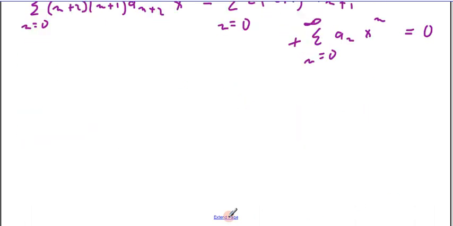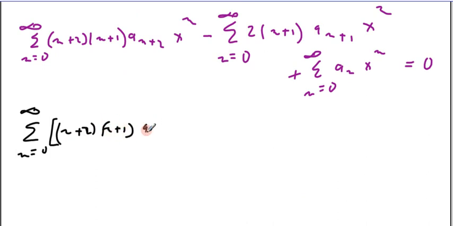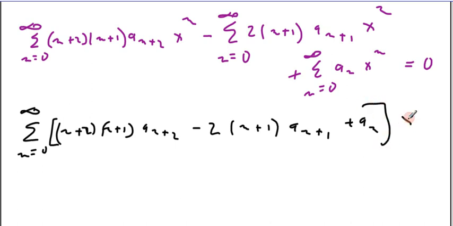Okay, now I've got my indexing right, so I can put everything in one summation sign. The summation from n equals 0 to infinity of brackets, (n plus 1)(n plus 2) a_(n+2) minus 2(n plus 1) a_(n+1) plus a_n, close brackets, x to the n, is equal to 0.